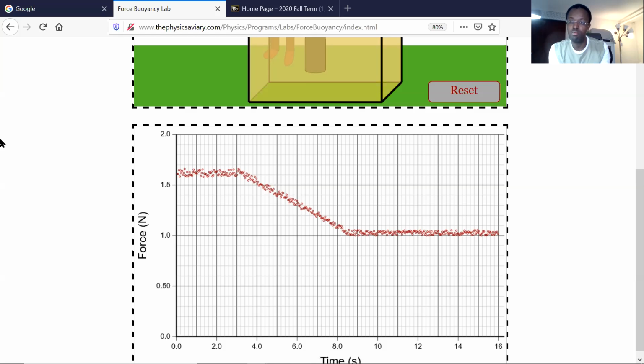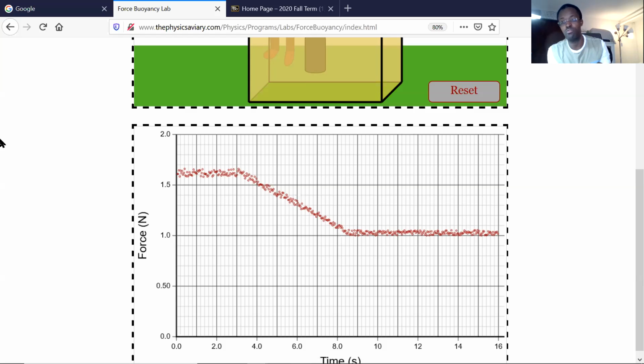So there's more and more buoyant force opposing the actual weight, and therefore the apparent weight decreases with time.